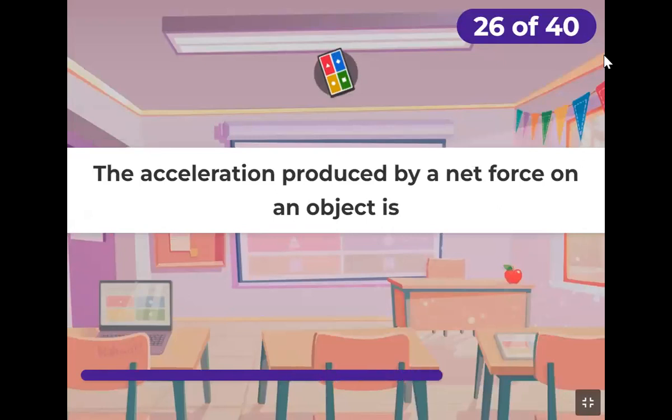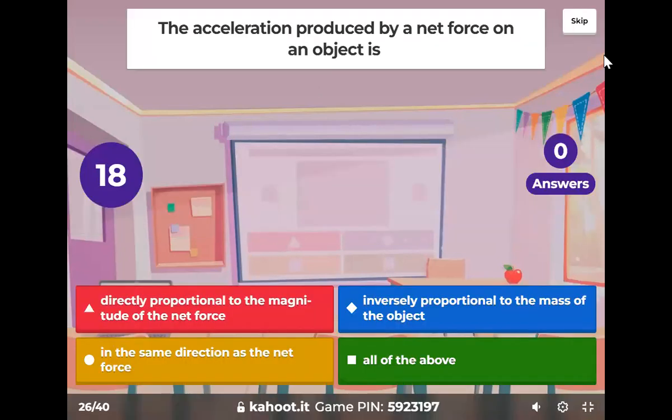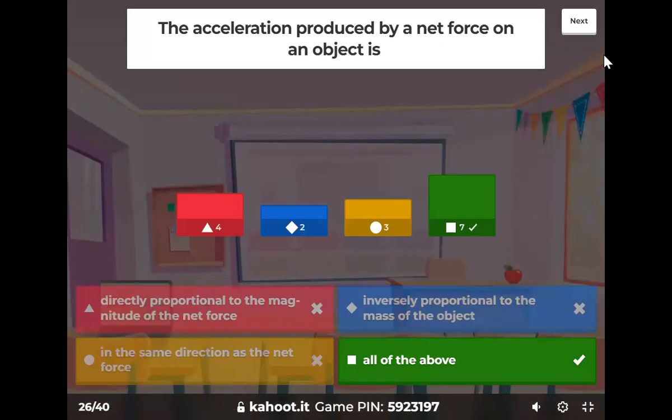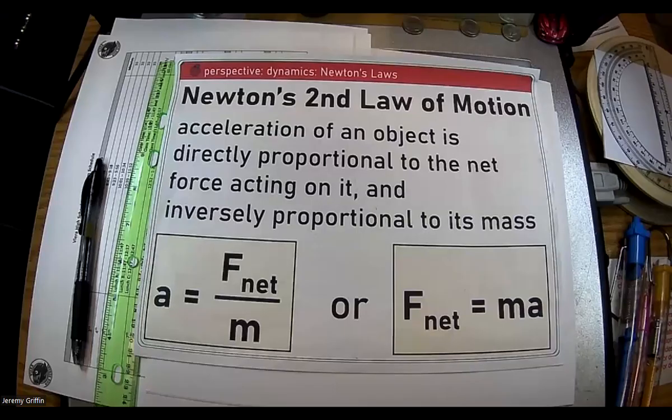Acceleration produced by a net force on an object is... All right. Yeah, so those are all true statements. Directly proportional to the net force, inversely proportional to the mass, in the same direction as the net force. Those are all parts of Newton's second law of motion.